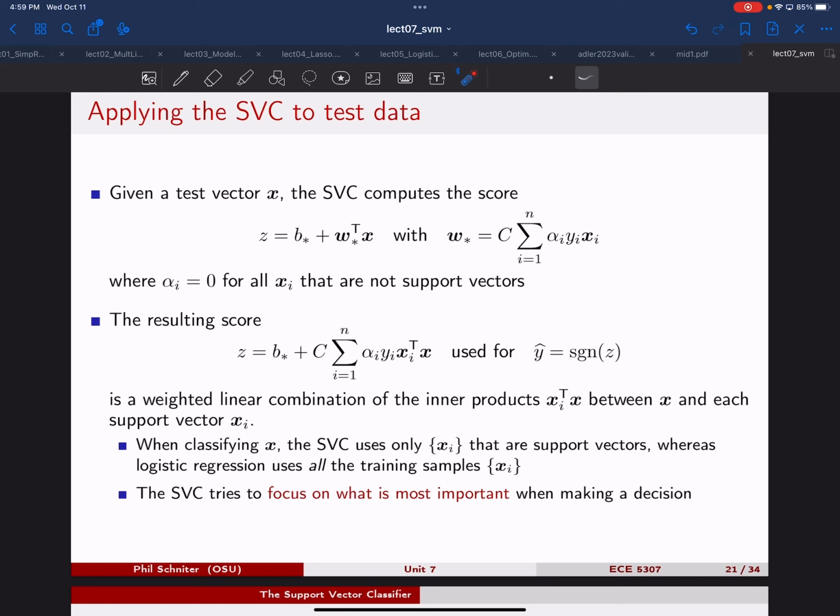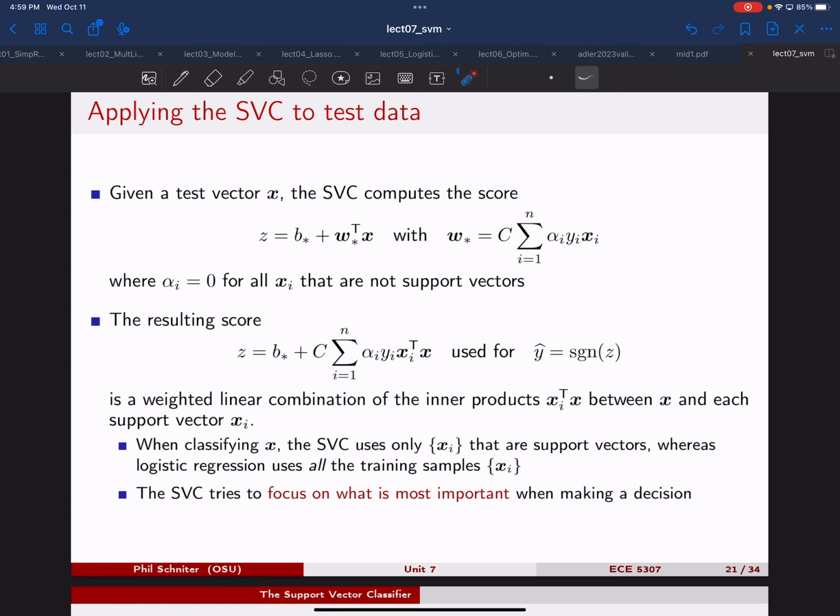So if I just plug this in for my w expression, then I get this expression for the score. And you can see a little bit about how the score is constructed. Essentially what's happening is that you're taking your test features and doing these inner products with all your support vectors.